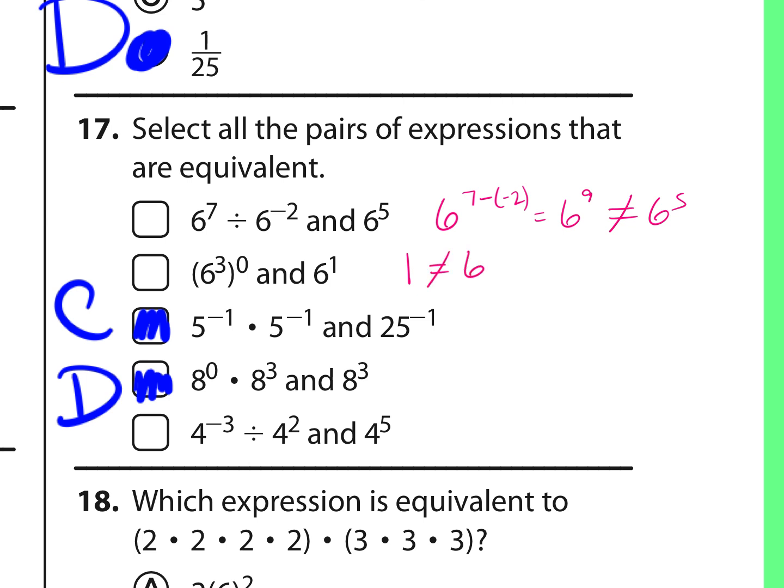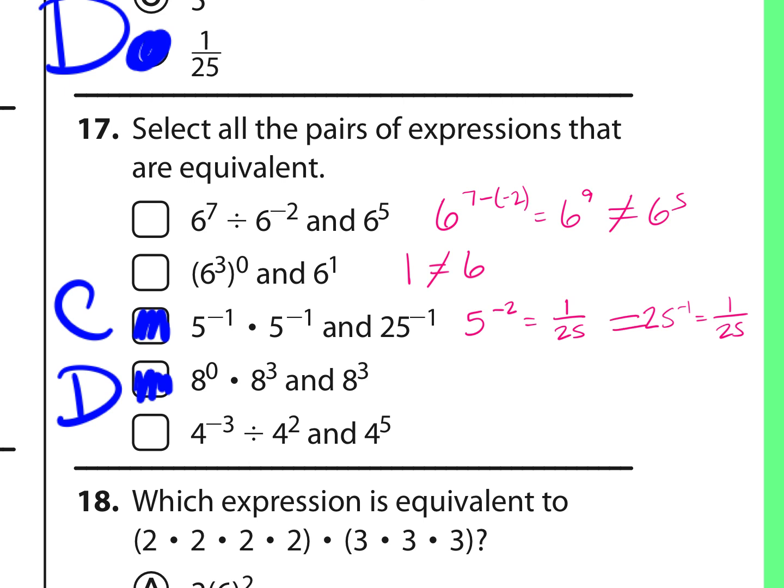No. The next choice, 5 to the negative 1st times 5 to the negative 1st power. I could work this different ways, but if I keep my base 5 and add my exponents, I get 5 to the negative 2nd power, which is 1 over 5 squared, which is 25. And then 25 to the negative 1st power is 1 over 25 to the 1st power.